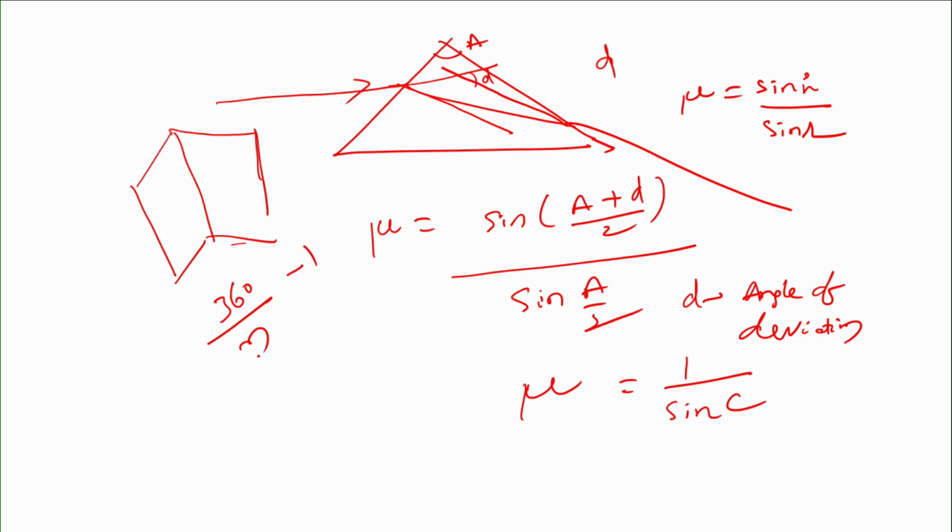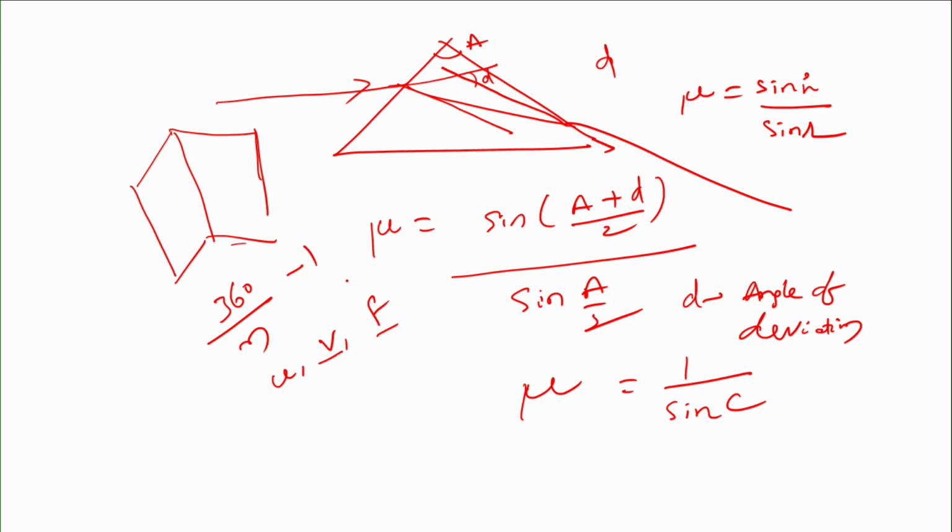And if you say u, v, f: f is the focal length, v is the distance of the image from the lens, and u is the distance of the object.